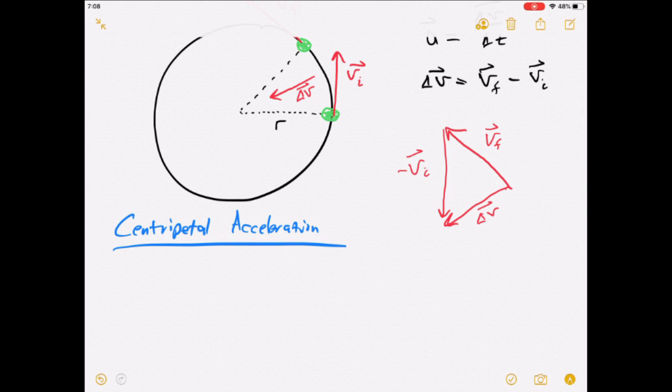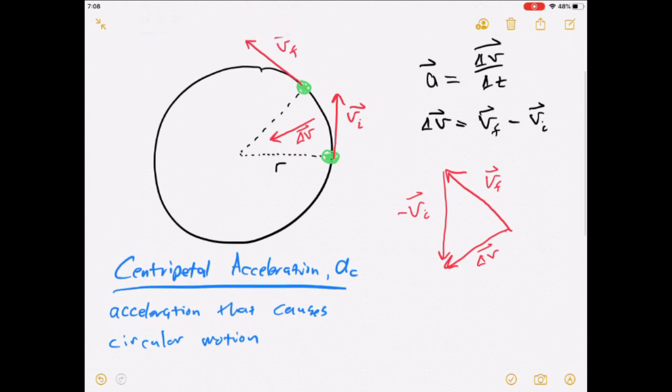Sometimes we use A sub c. This is the acceleration that causes circular motion. All right, it is perpendicular to the velocity at any point.